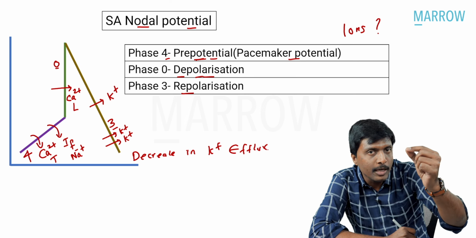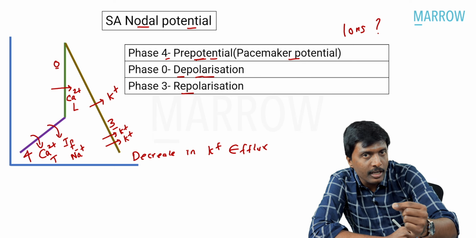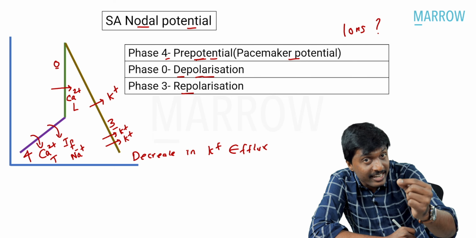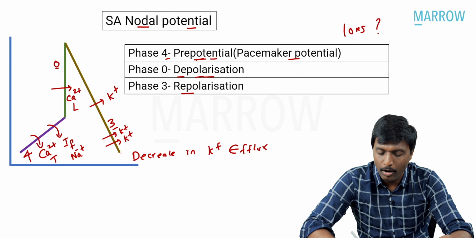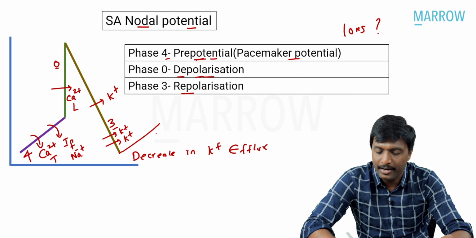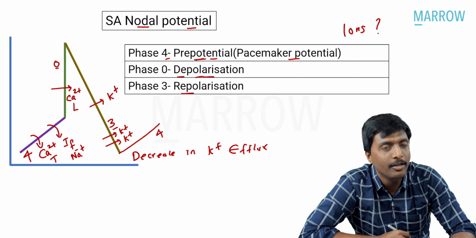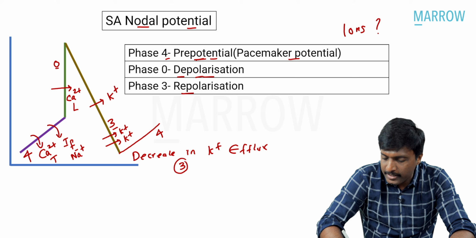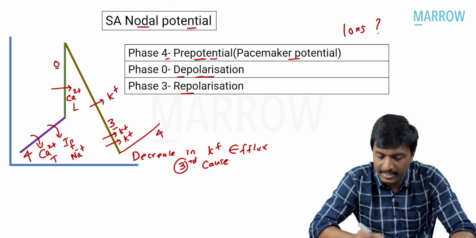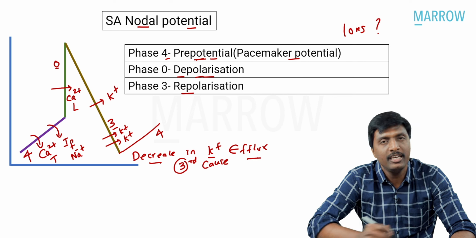If potassium keeps on moving out, you will get repolarization. If there is a decrease in potassium moving out, automatically you will get phase 4 here. So the third cause for prepotential is decrease in potassium efflux.